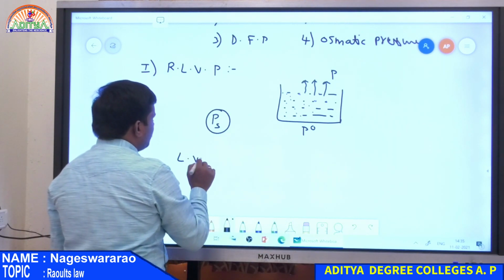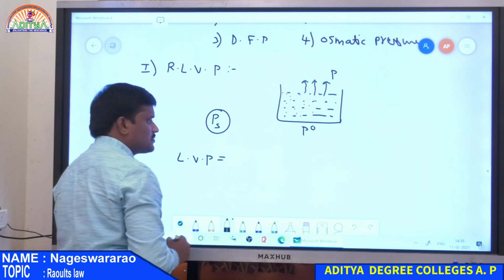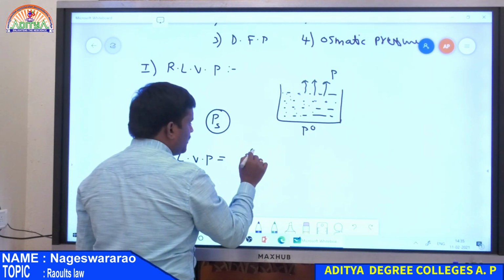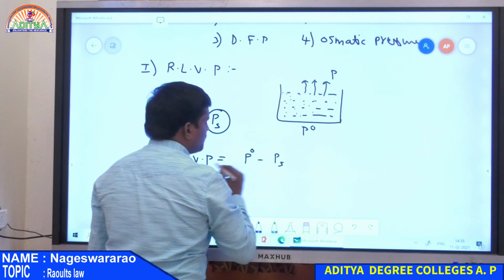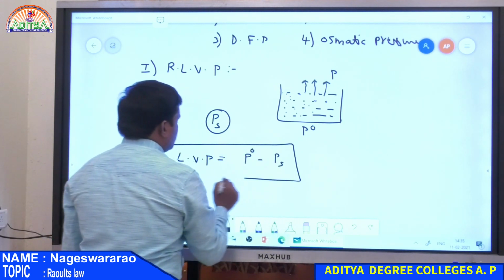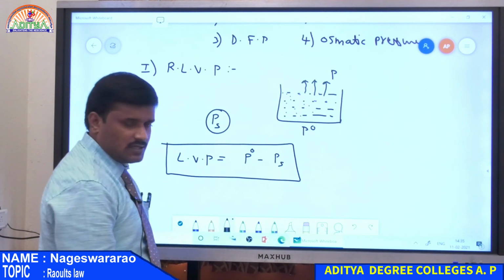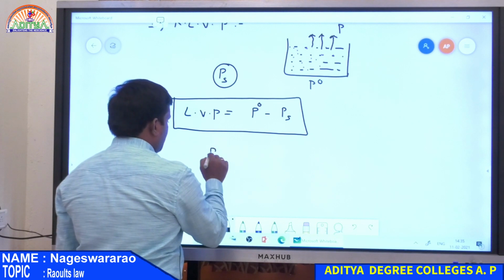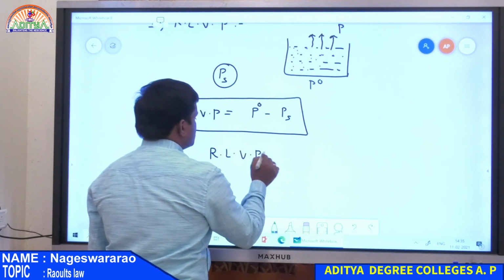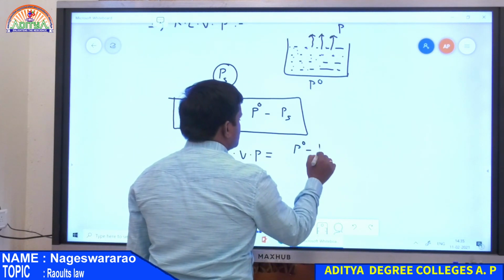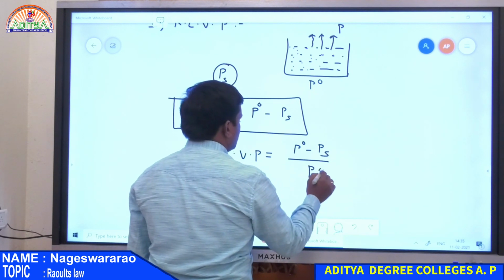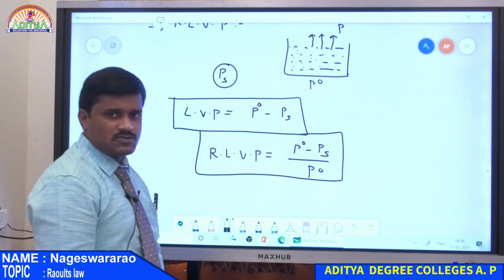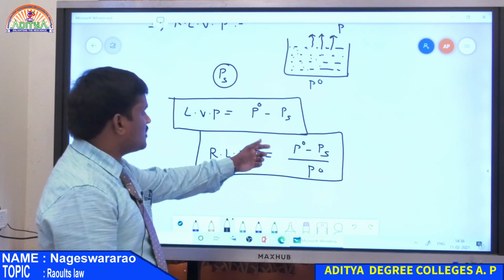Since P naught is larger than Ps, the lowering of vapor pressure is equal to P naught minus Ps. Now relative lowering of vapor pressure, RLVP, is equal to P naught minus Ps by P naught. This is the relative lowering of vapor pressure of a dilute solution, and this is a colligative property.